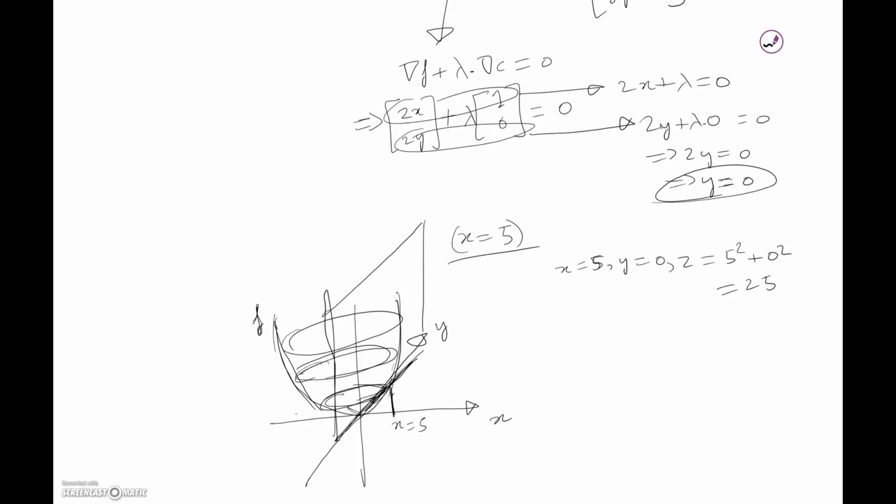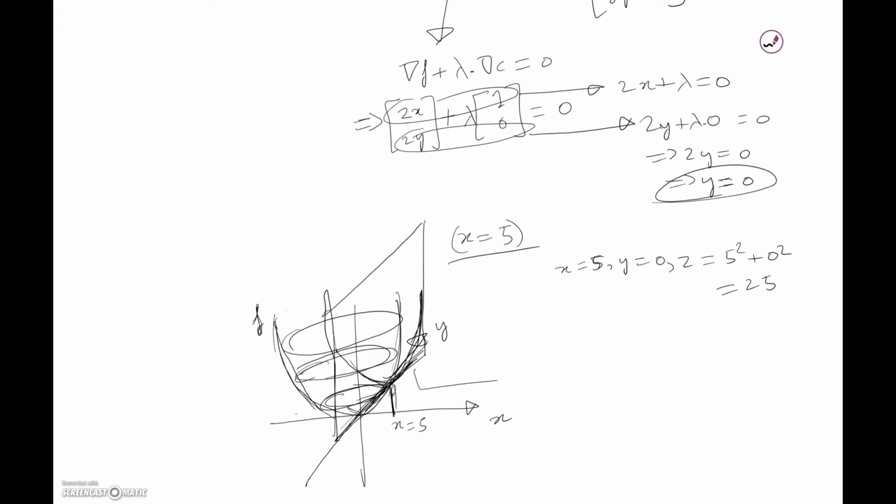But far from getting discouraged, we want to minimize f as much as the constraint will allow us to. So how will this constraint interact with this function f? It will be an intersection of this paraboloid with the plane x equal to 5. And if you intersect a paraboloid with a plane, you end up getting a parabola, just another parabola.